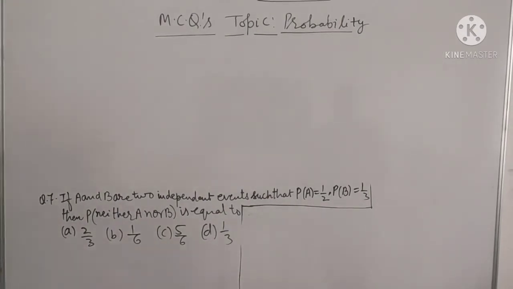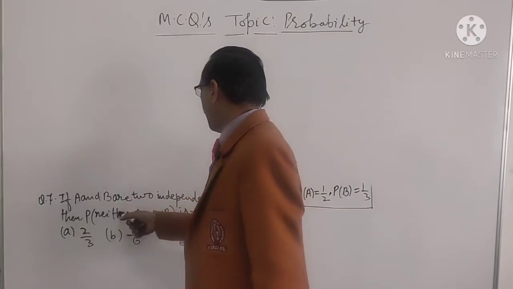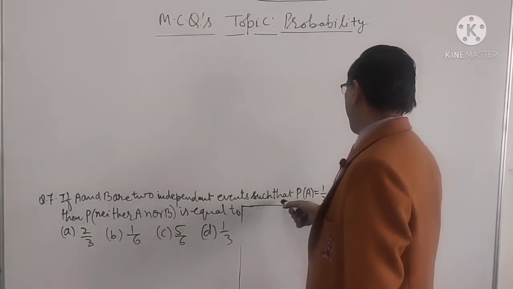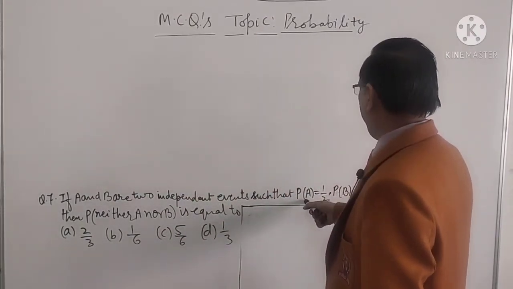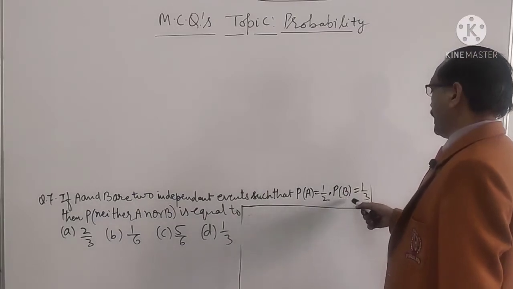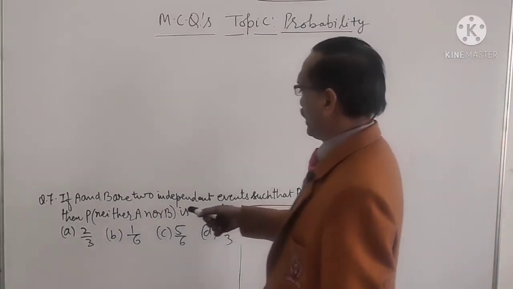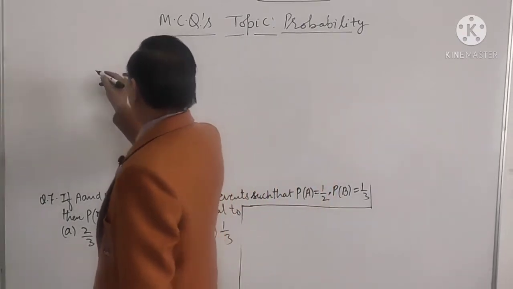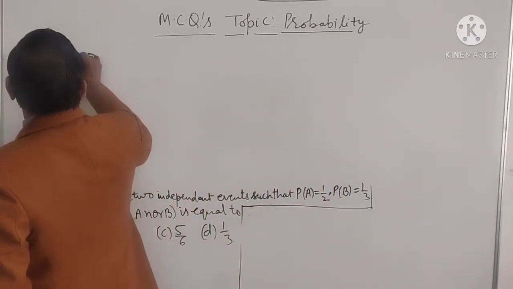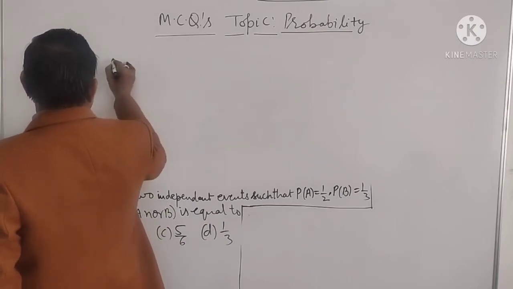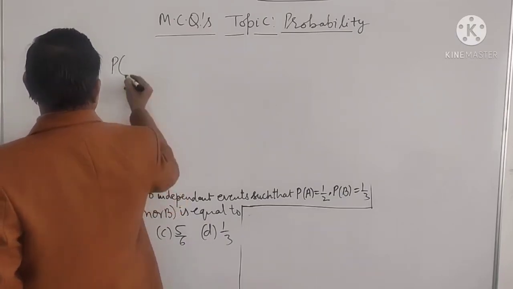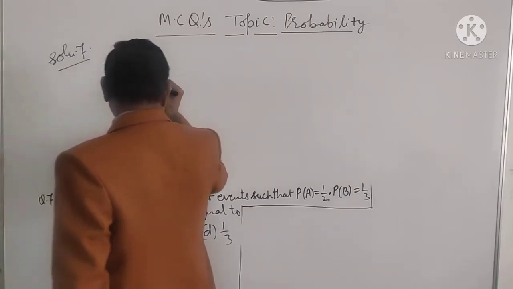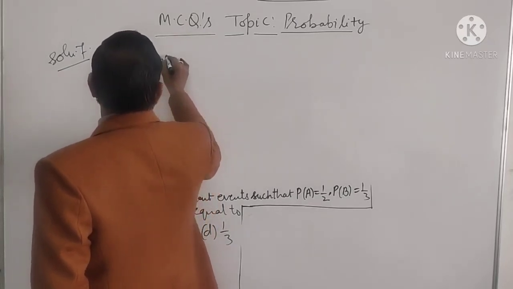Now question 7. If A and B are two independent events such that P(A) equal to 1 by 2, P(B) is 1 by 3, then neither A nor B equal to what? So solution 7. P(neither A nor B) means A complement intersection B complement.